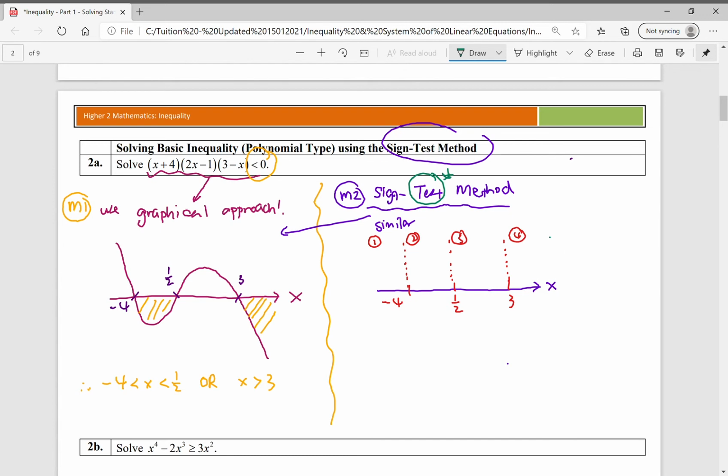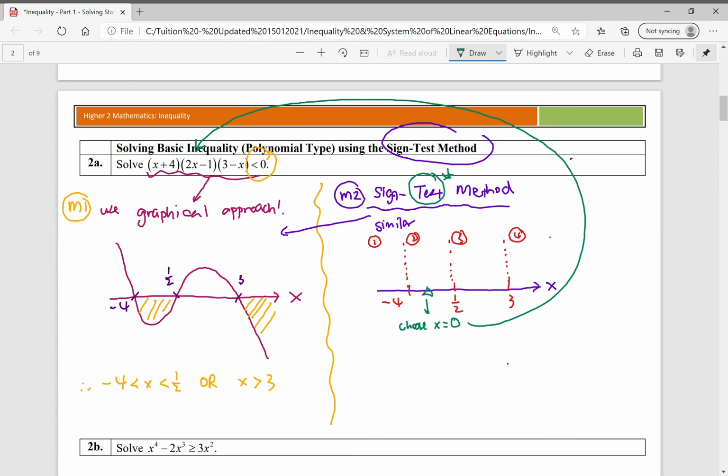Well, for example, I'm going to do a try and error. On the number line, or on the x-axis, I am going to choose a value of x that is not a root. For example, 0, the simplest value. Using this x coordinate of 0, I'm going to sub x equals 0 into the expression, or if you want, the equation of the graph.